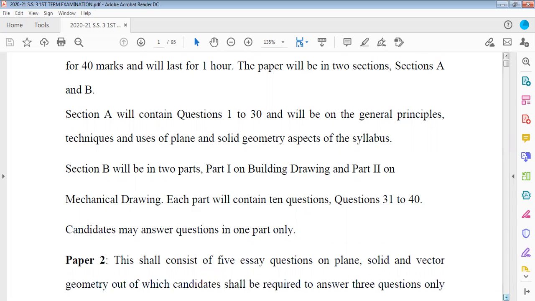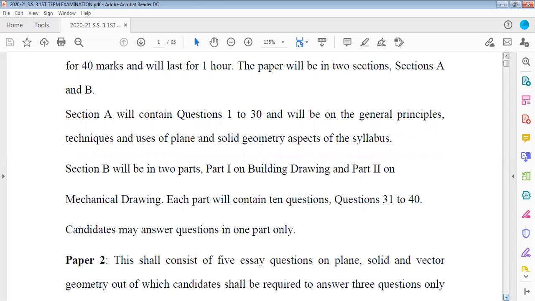So it depends on the one that you are taught in your school by your teacher. If you have been taught building drawing, you can choose to answer question 31 to 40 on building drawing. And if it's mechanical drawing that your teacher taught you, you can choose to answer question 31 to 40 on mechanical drawing. So that is paper 1, 40 questions.